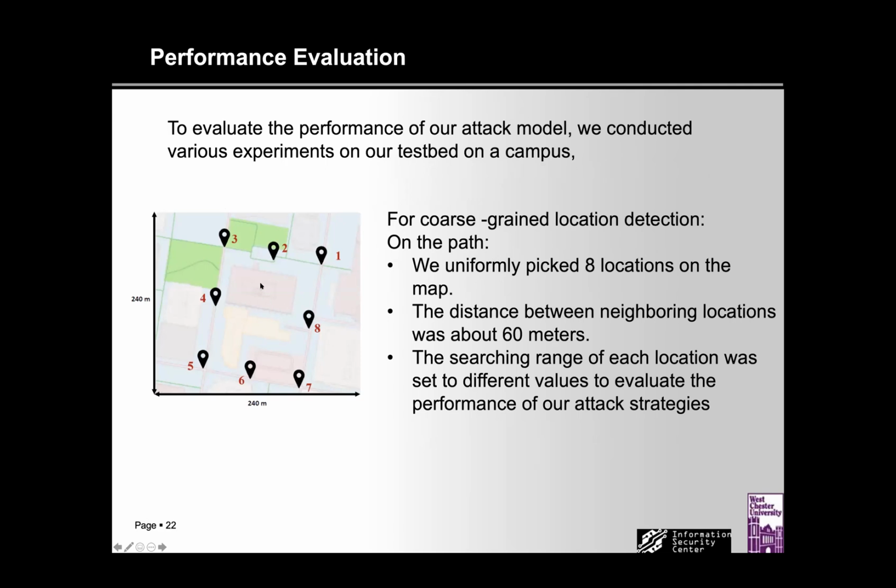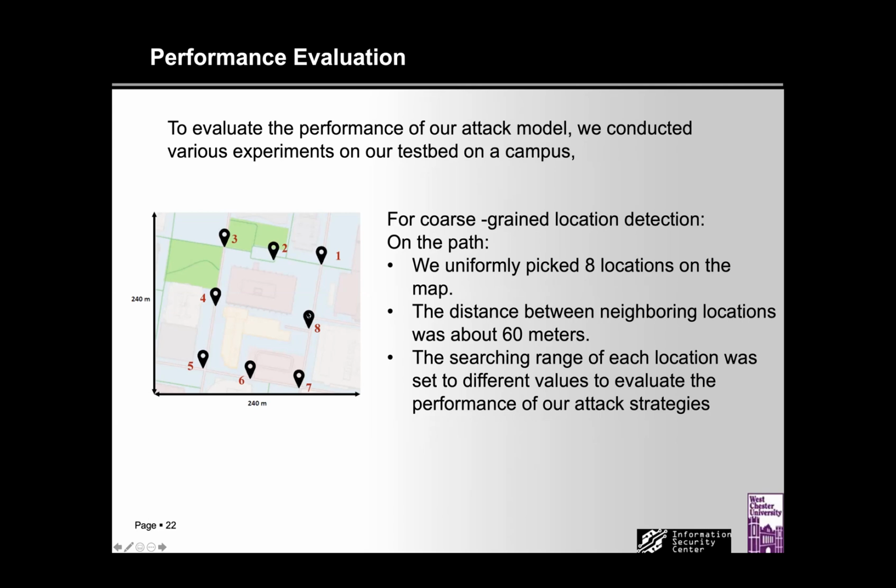So to evaluate the performance of our tag model, we first conduct the experiment on our testbed on campus. For the coarse-grained location detection, we ask the volunteer to walk through a path. And on the path, we first uniformly pick 8 locations, and the distance between the neighboring locations was about 6 meters. So that basically means that the accuracy for each one is about 6 meters if we can successfully pinpoint the location of the user.